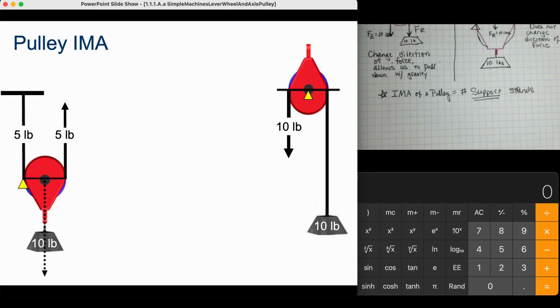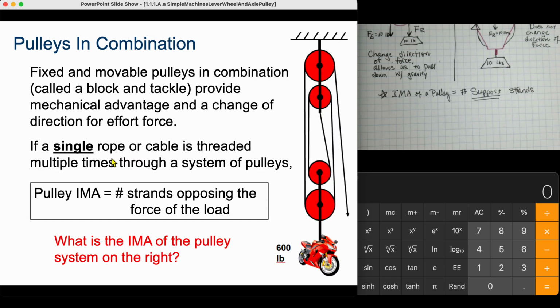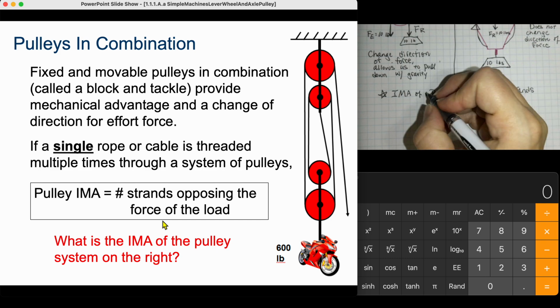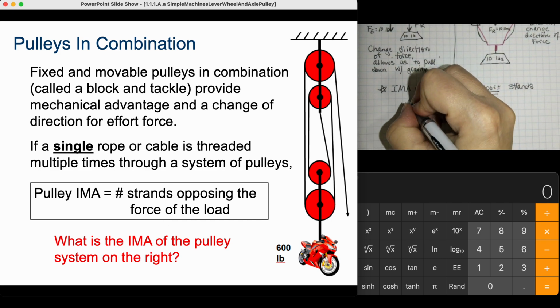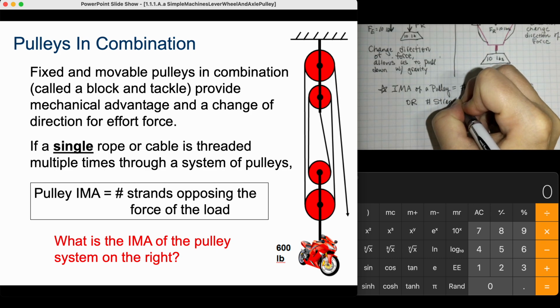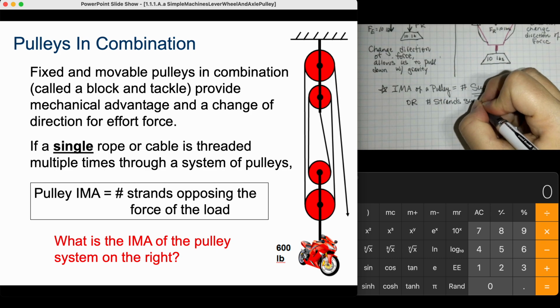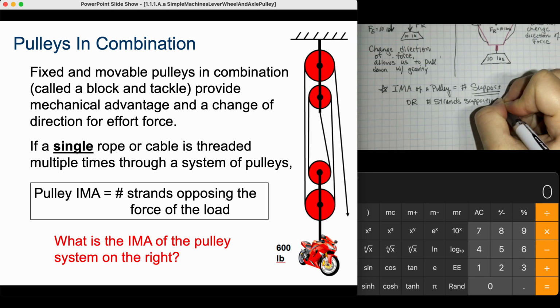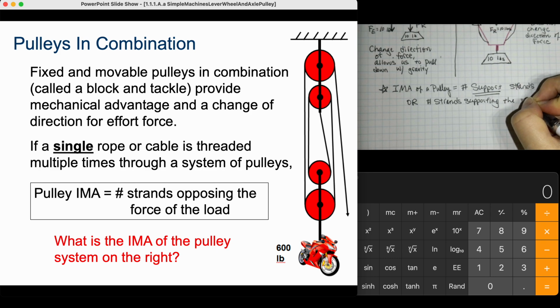Now, IMA of a pulley is just the number of strands opposing the load. So that's another way of putting this. Number of strands supporting the load or opposing the load.